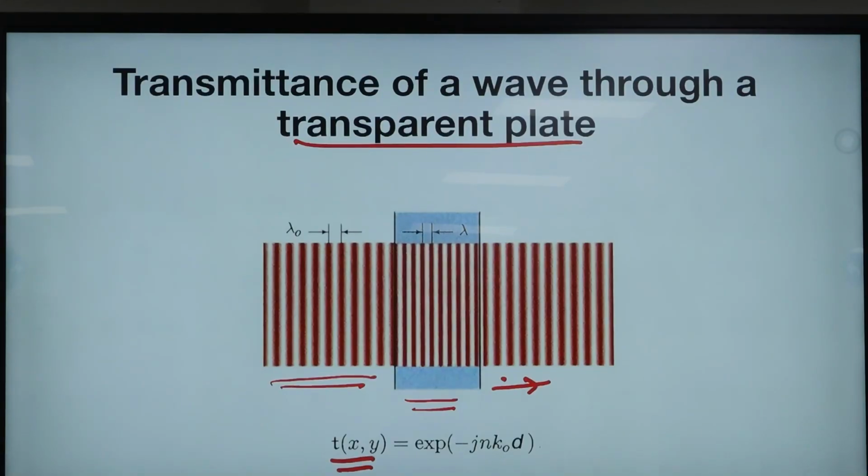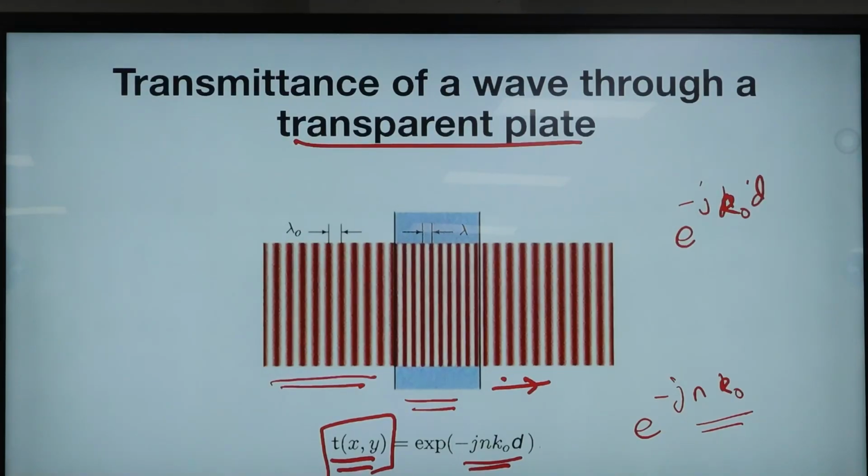The equation for that would be e to the minus j n k naught d. It accumulates a certain amount of phase. In just air, it would accumulate e to the minus j k naught d. But because it's going through a medium where the refractive index is n, it becomes n k naught d.